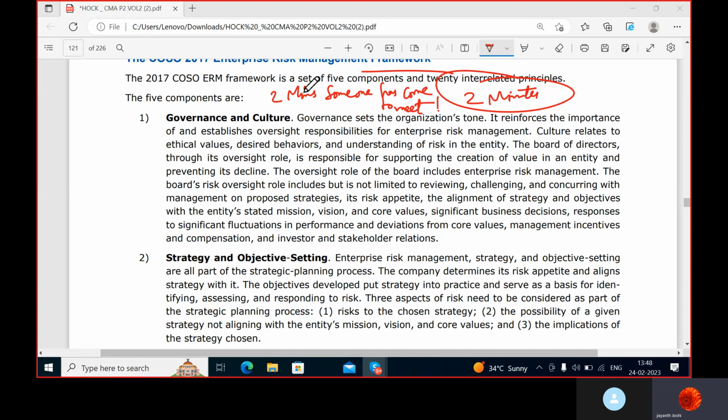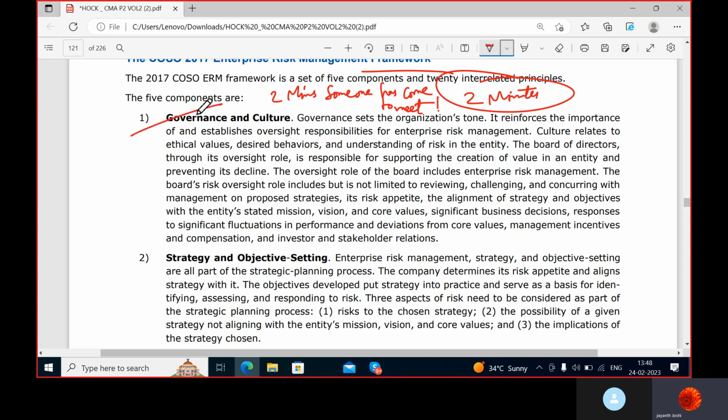Did you understand? Okay. If these guidelines are followed, automatically the risk will be minimized. Why? Because COSO is known for doing that. COSO's prime function is to give guidelines and frameworks which the risk managers of the company have to follow, and if they follow that, automatically the risk can be minimized.